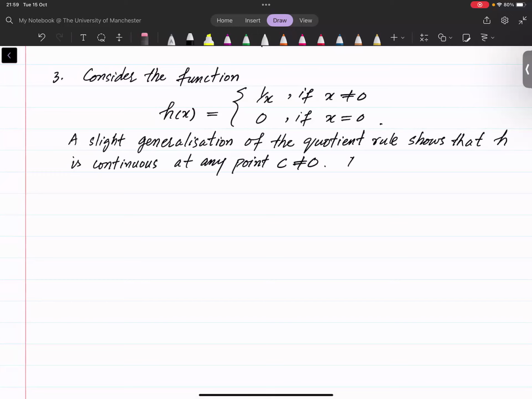But is h continuous at 0? This is the question, and the answer is no. At 0, this is not continuous.